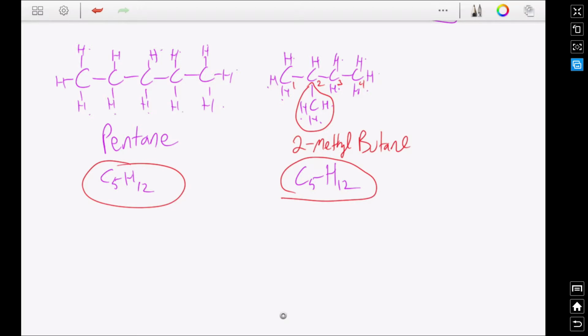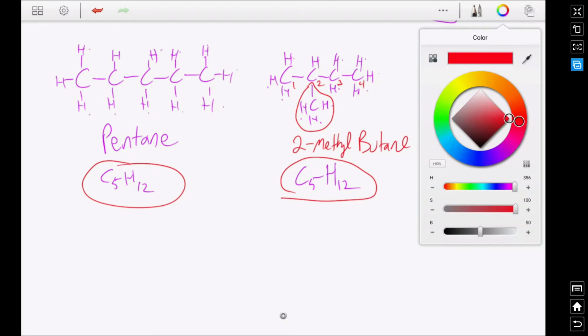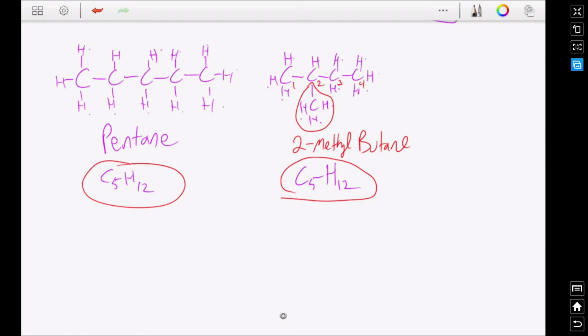And we could actually draw more structures of this. For example, you could draw, let's see, C, C, C, C, C, like that.